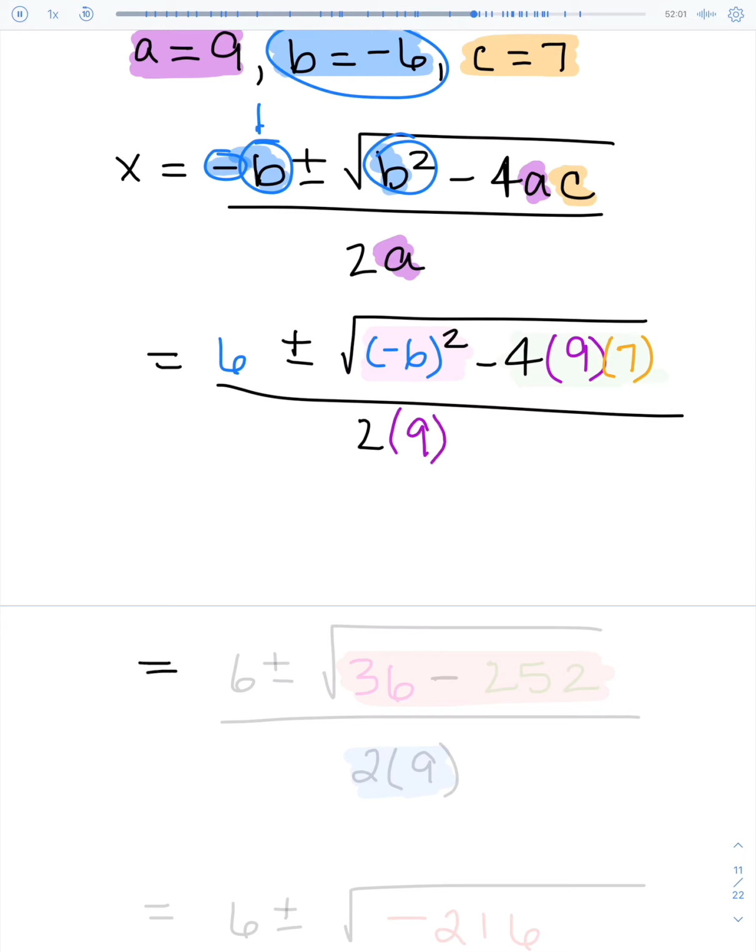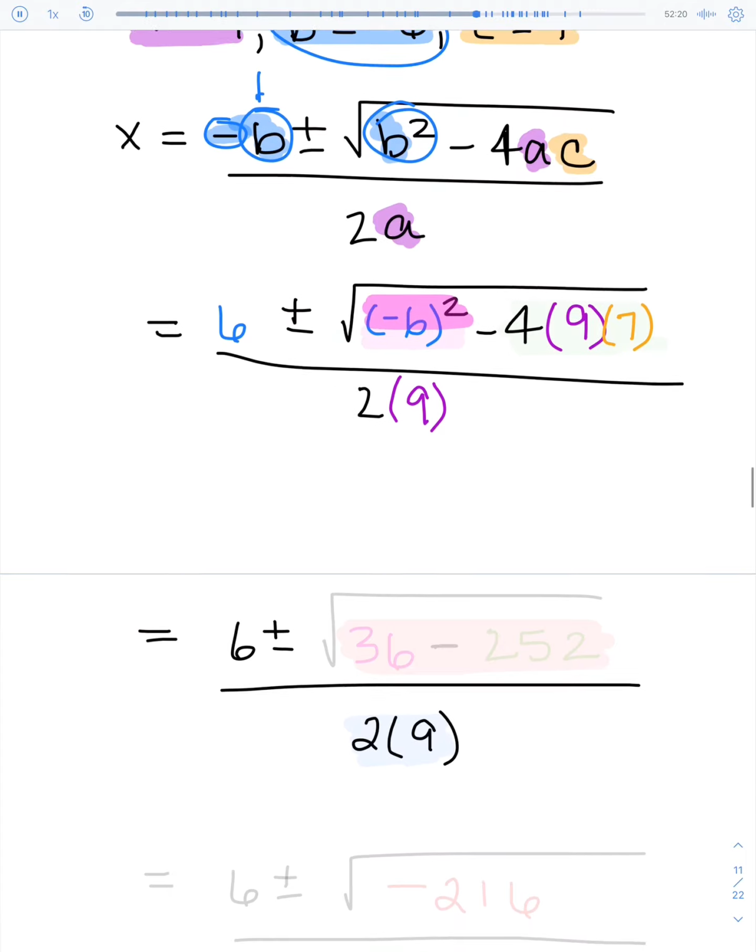So where we want to start on this is with what's underneath the square root that has the highest order in the order of operations, which in this problem is going to be the exponent. So we're going to start off by working on our exponent, which is our negative 6 squared.